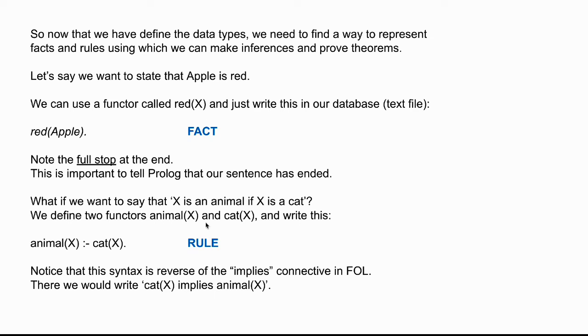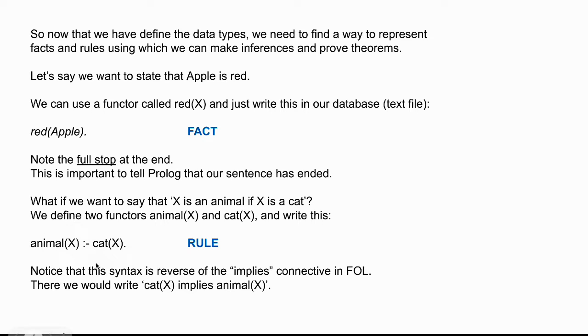Now if we want to have a rule that x is an animal if x is a cat. So now we have two functors, animal(x) and cat(x), and what we want to say is that if cat(x) is true, then animal(x) is also true.